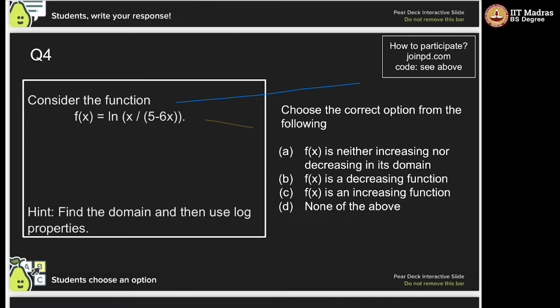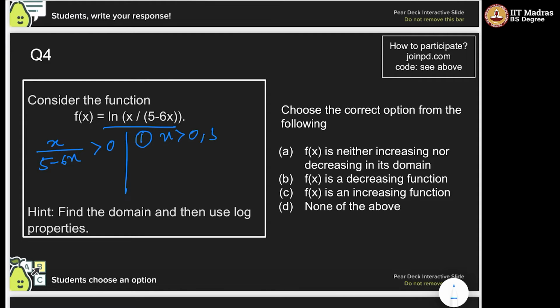If this function is defined, then it is mandatory that x/(5 - 6x) is greater than 0, right? So we have two possibilities: one is x greater than 0 and 5 - 6x greater than 0, and possibility 2 is both less than 0, x less than 0 and 5 - 6x less than 0.